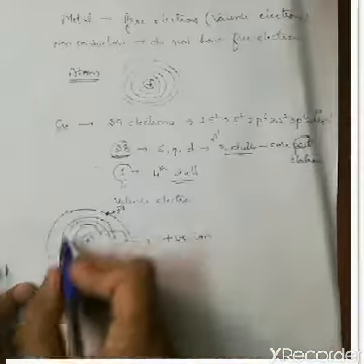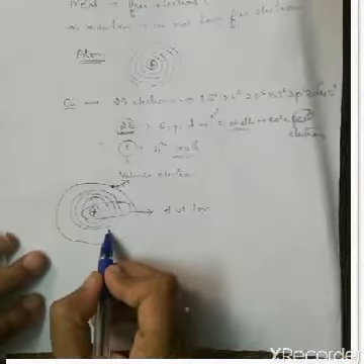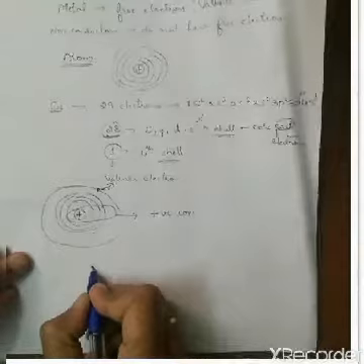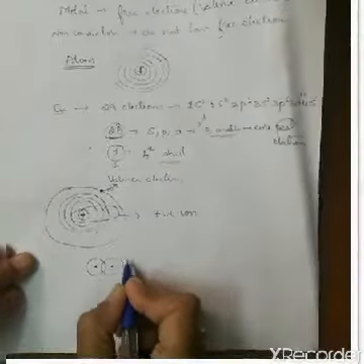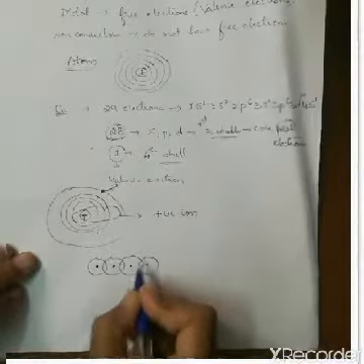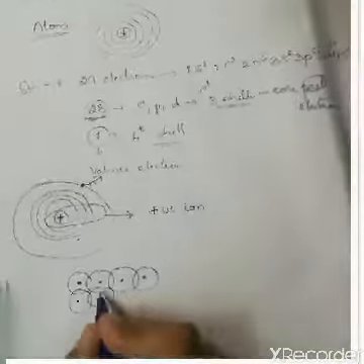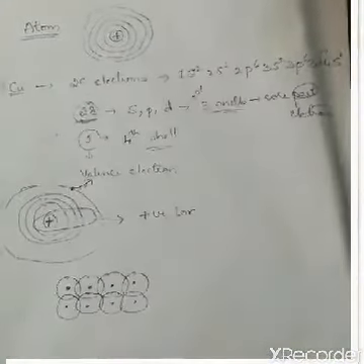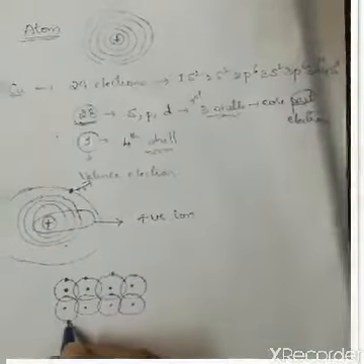Why? Because now I have an atom. Now if I want to form a copper metal, I want n number of such atoms. So now you see here, assuming there are 8 atoms, I have taken 8 here.